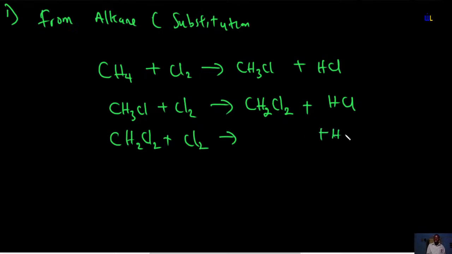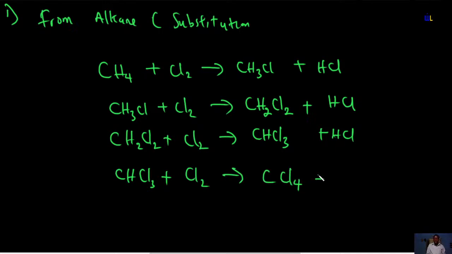So you have CHCl3 and HCl. Then finally, if you take this CHCl3 and react it with another chlorine molecule, you are now going to have CCl4 plus HCl. So this is how the reaction occurs.